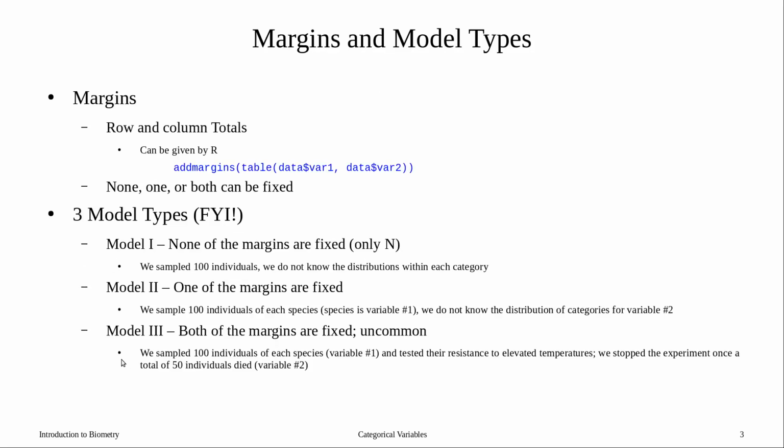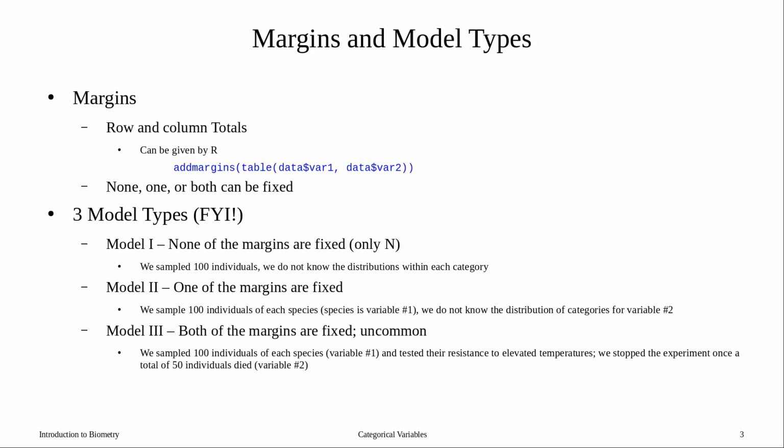So before we get to contingency analysis, I want to take a detour and talk about margins. Margins are simply the row and column totals. If we have a frequency table, we would have a number of rows for one variable and a number of columns for the second variable.